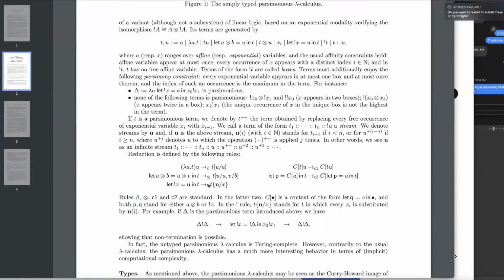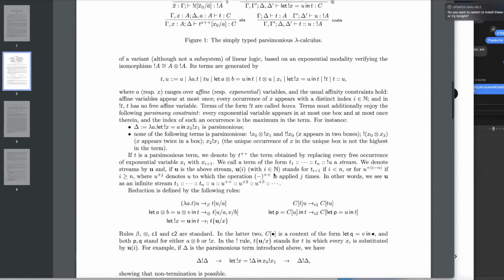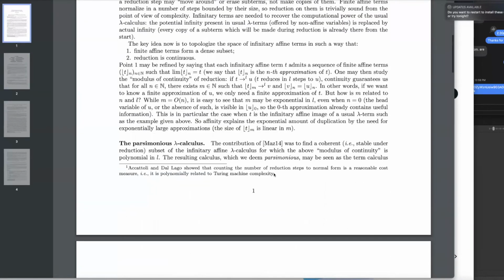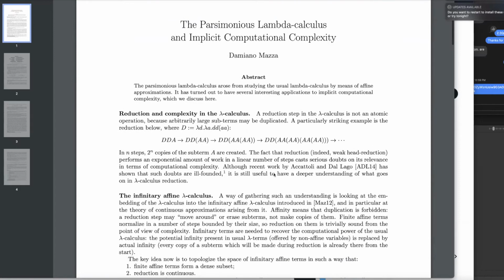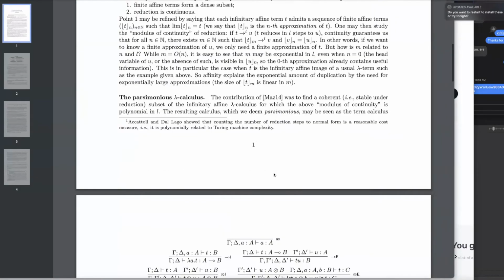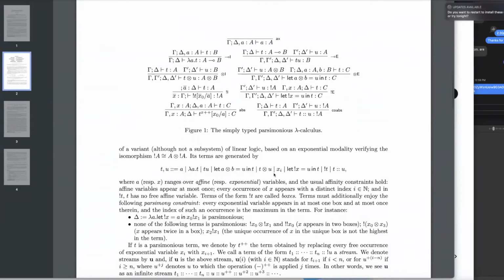Essentially, the way we're doing that is this guy here, Damiano Mazza, has put together all of the libraries needed to do SAT into the parsimonious lambda calculus.